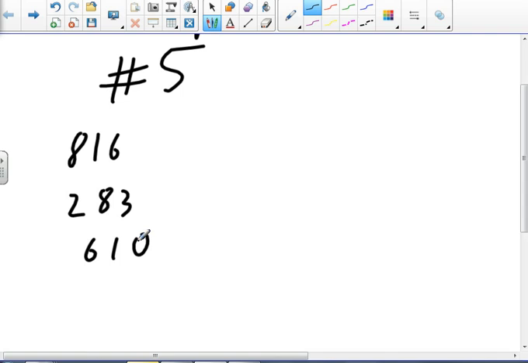What do we get? With trifocals, this makes it very difficult. Right where 816 is, if you keep going across, reading it across, it says 816, 283, 610.